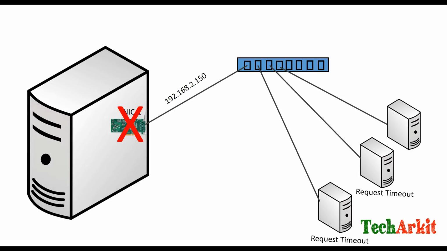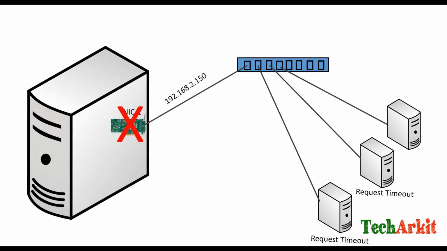Your business critical application is running on this server, the server is okay and the application is running fine, but all of a sudden the NIC card failed. So whatever high-end configuration machine you are using, all the resources are of no use, as the server is not serving data to the clients.